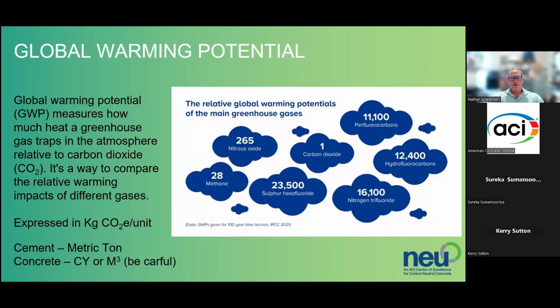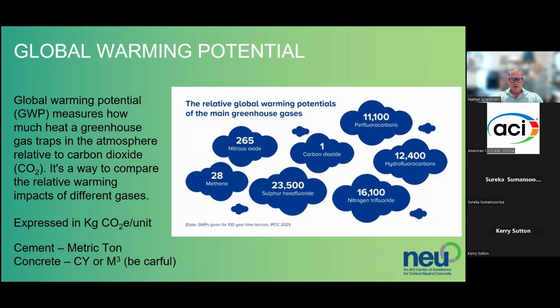We also often use the term global warming potential, or GWP. And what that means in this context is that when we talk about the manufacture of materials, there are a lot more global warming gases that can be emitted than just carbon dioxide.